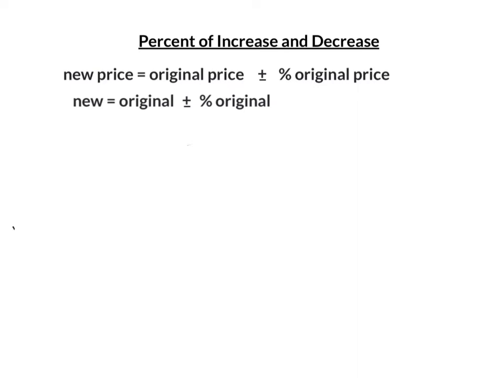Every time you go to the store, let's say you're going to buy something that costs $10. You get a new price by taking the original, which is $10, and adding tax to it. Tax is roughly 8%. Remember that 8% is 8 over 100, which is 0.08.